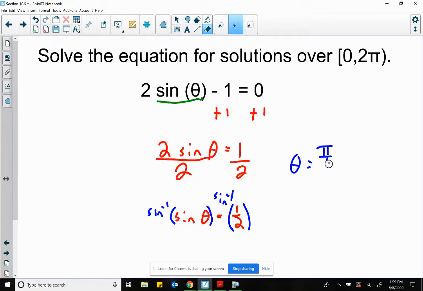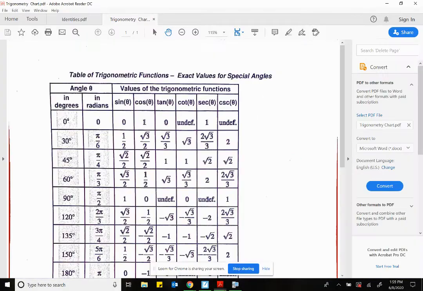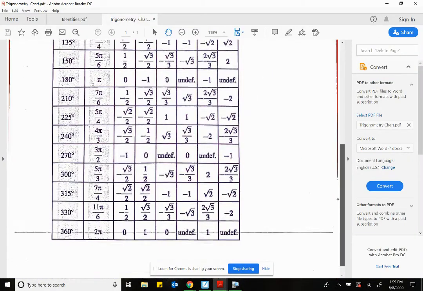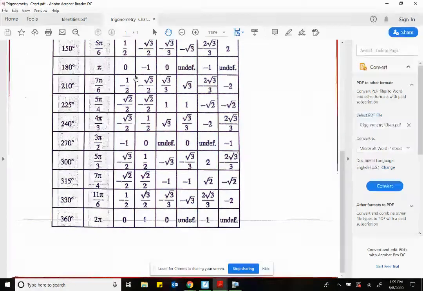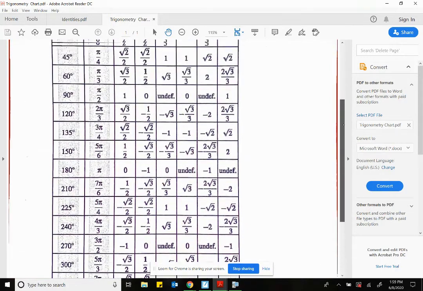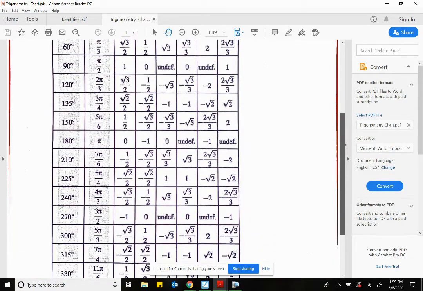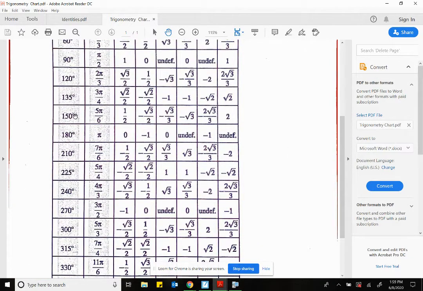And then we know that the other one happens in quadrant 4. Make my 6 a little better. So if we go up here and we scroll down, here is sine, positive 1/2. So it is 150 degrees.